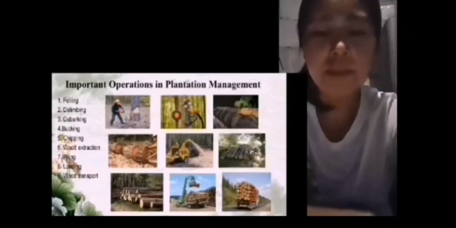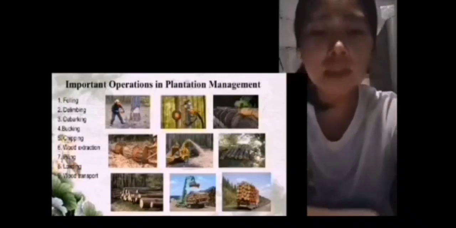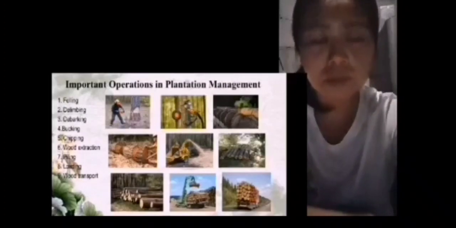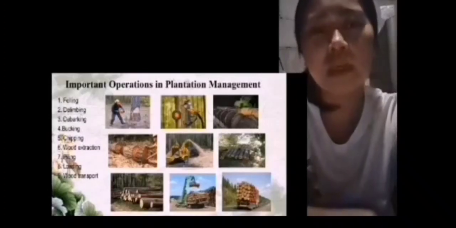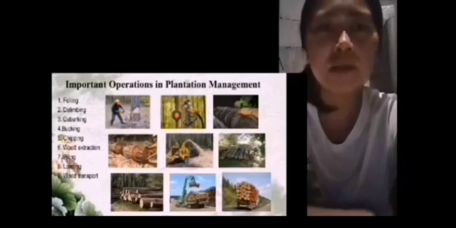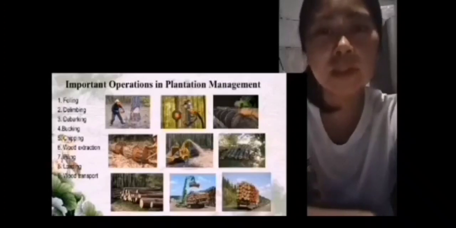Limbing or delimbing is the process of removing branches from a standing or fallen tree trunk. So ang delimbing kay kaning pag-remove sa sanga-sanga, pwede siya gamiton sa kamot or kanang tool nga pampa-remove sa mga sanga-sanga.